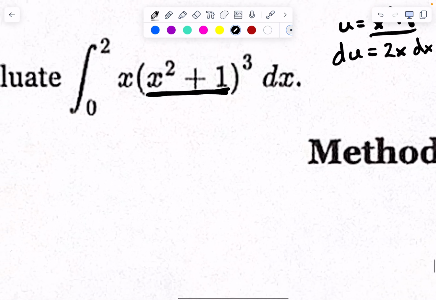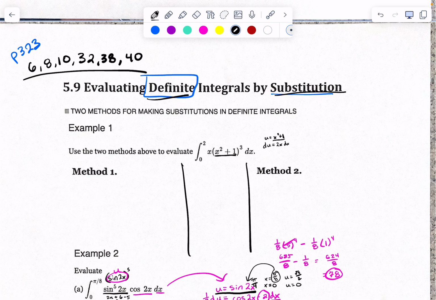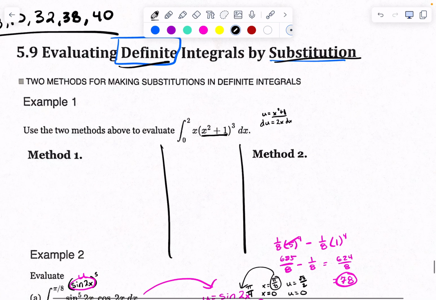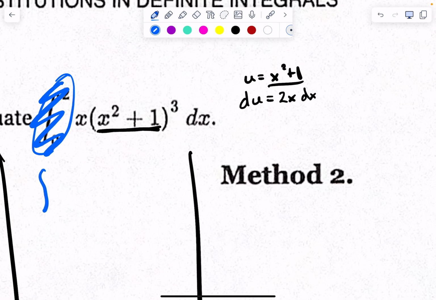Now I start to substitute. Method 1, method 2, we'll eventually put stuff here and here, but for the first part, most of the stuff stays the same. So I've got my integral symbol, it gets copied down. Now I plug stuff in. u is x squared plus 1, so this becomes u to the third power.